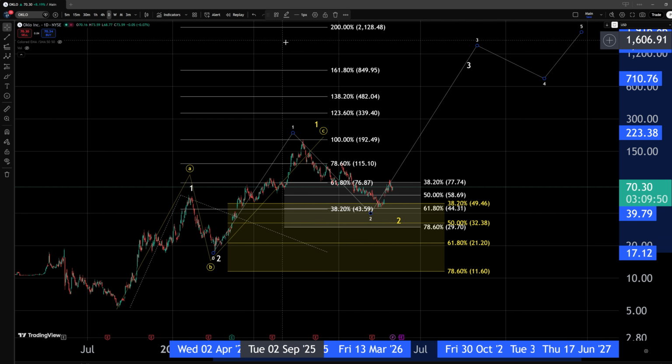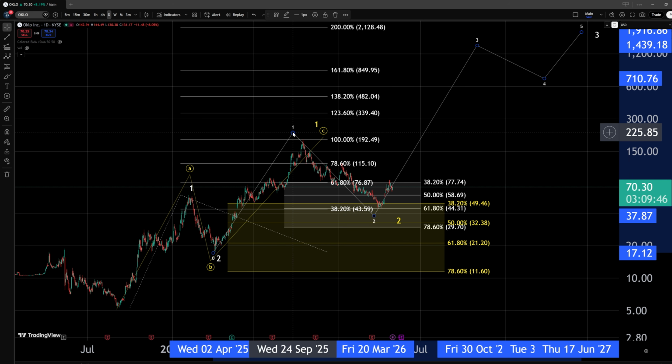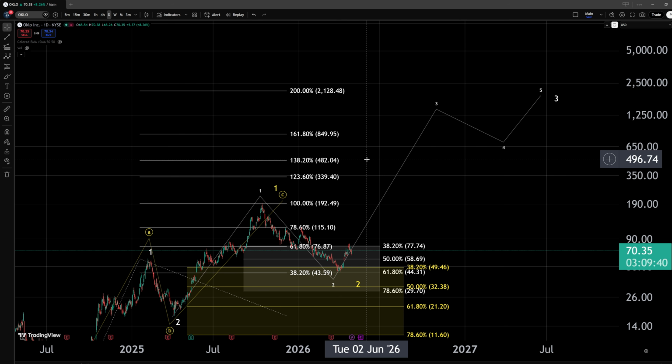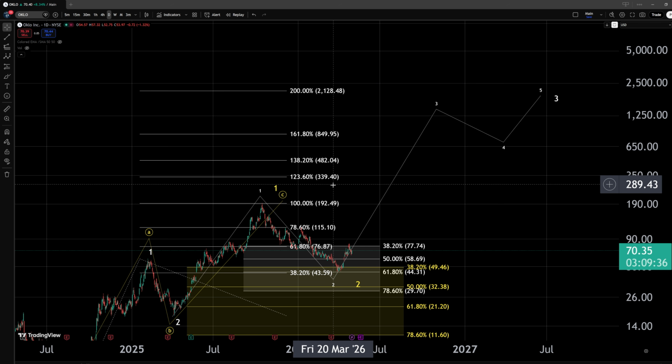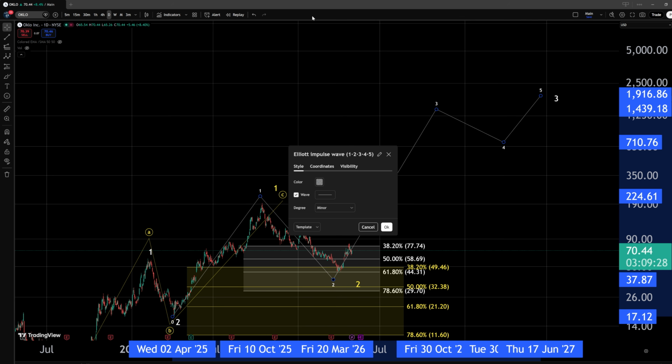An extension within a wave 3 would allow sometimes even a larger correction within an internal wave 2 than the larger degree wave 2. But be aware, we should be extremely prepared for this yellow interpretation to be taking overall charge of this chart. So we will leave this here.